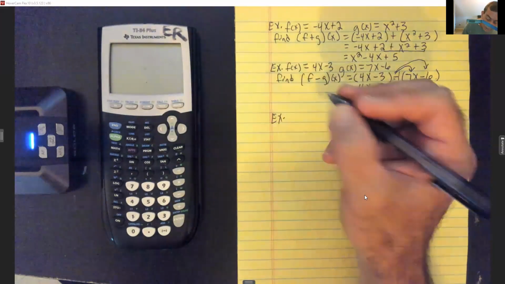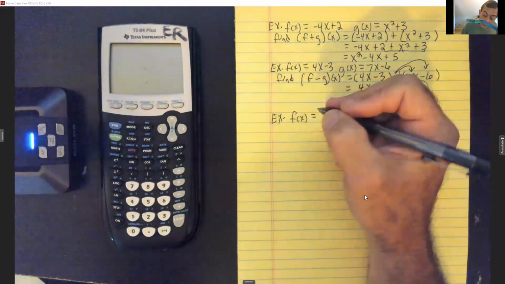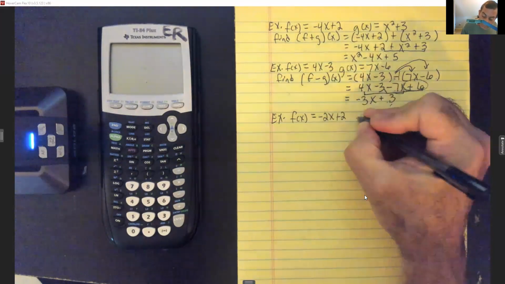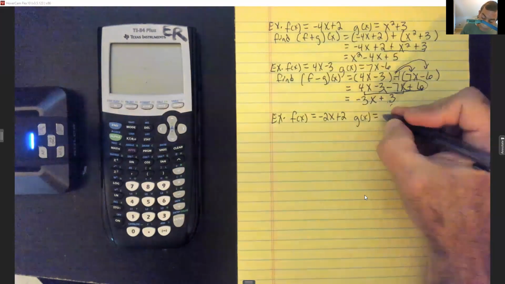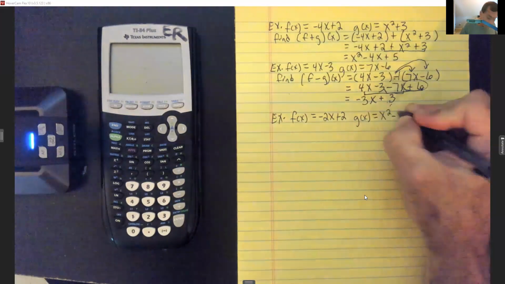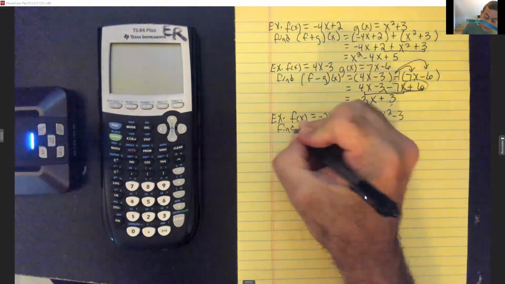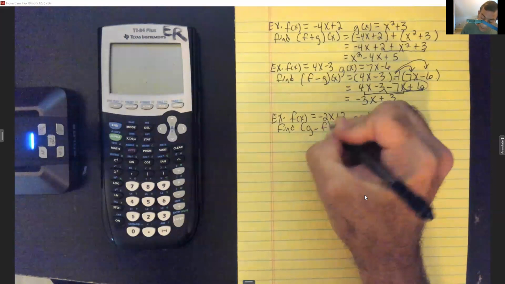All right, f of x is going to equal negative 2x plus 2. G of x is going to equal x squared minus 3. They want me to find, now watch this, g minus f of x.